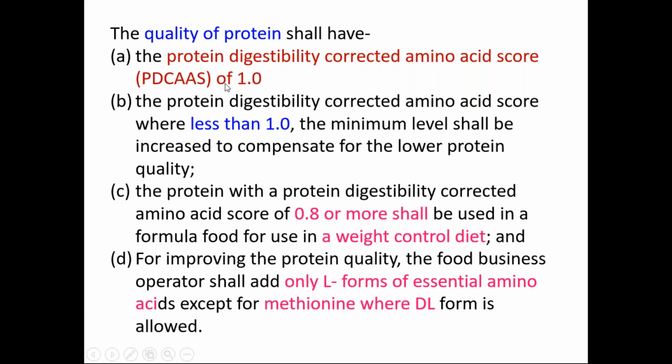If it is less than 1, it can be compensated for by adding amino acids, and the amino acids which can be added must all be in the L form except methionine, which can be in the DL form. If the protein has an amino acid score PD-CAS of 0.8 or more, it can be used in the formula food for the weight control diet and not for the other diets.